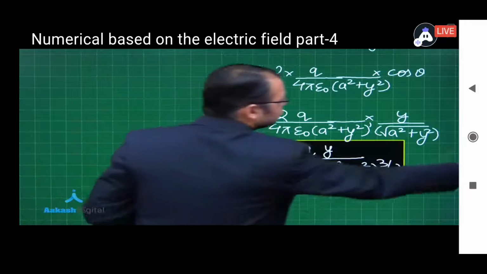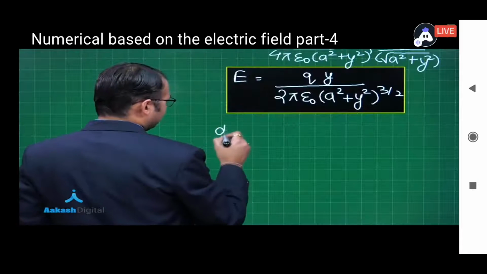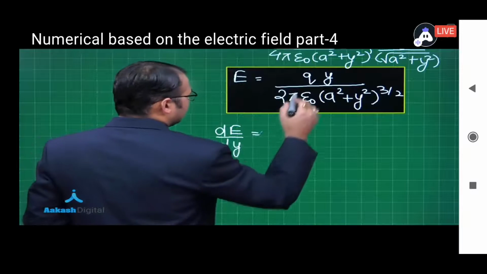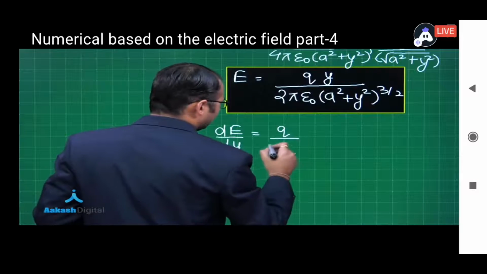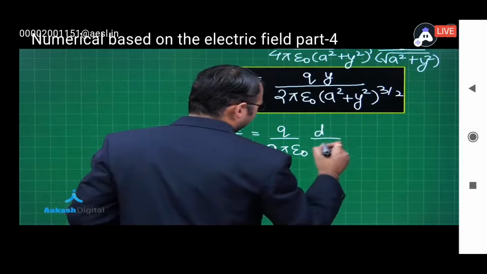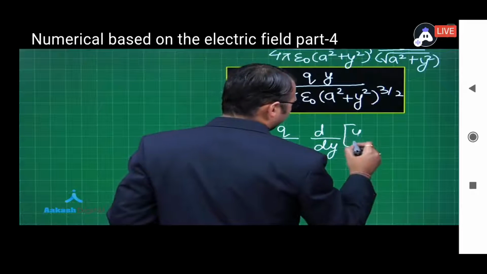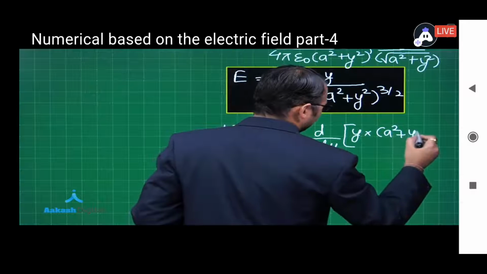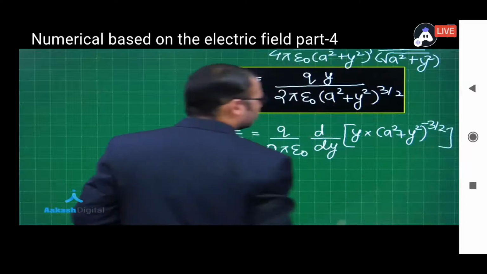So, when you solve this one, just differentiating it with respect to y, what will happen? This q upon 2 pi epsilon naught is constant, it will come out, and you will write d by dy of, I can write this as, into this term, a square plus y square power minus 3 by 2.